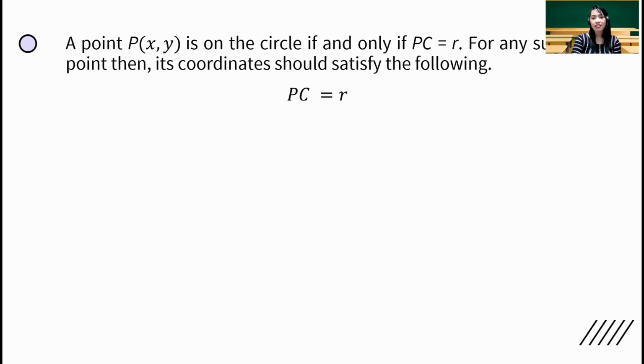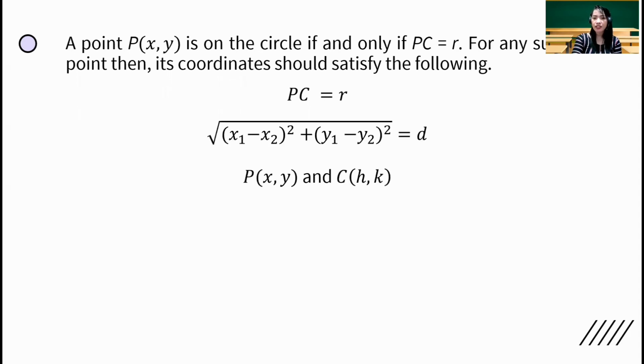Given the distance formula and identifying the coordinates of points P and C, we have x sub 1 equal to x from point P, x sub 2 equal to h from point C, y sub 1 equal to y from point P, and y sub 2 equal to k from point C.